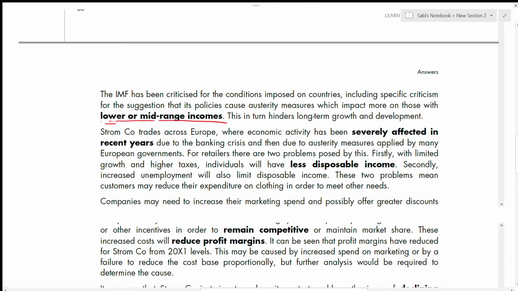They have been criticized for these conditions. Why? Because this is causing austerity measures, which is having an impact on lower and mid-range incomes. As with the company, because Strom company is a mid-range company, a mid-price clothing retailer. So it is having an impact because of this condition.